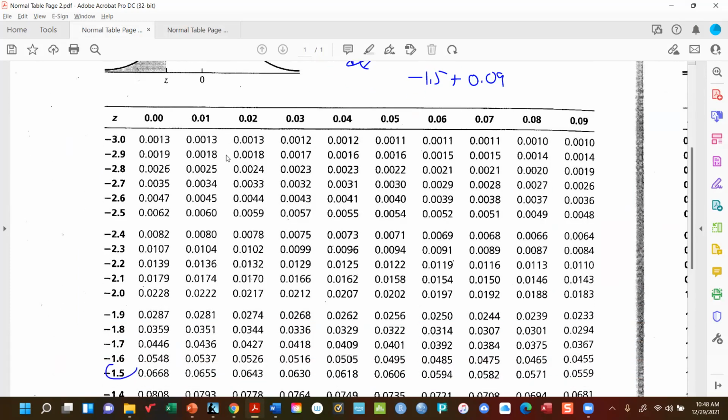Here's the negative 1.5. Here's the 0.09. And that area is 0.0559. And it's small, as we expected. It's a very small number.